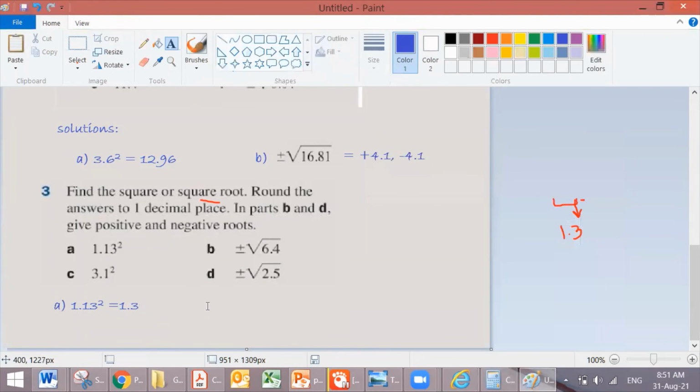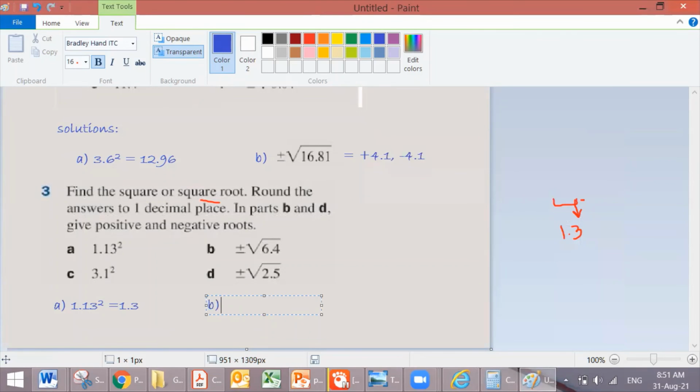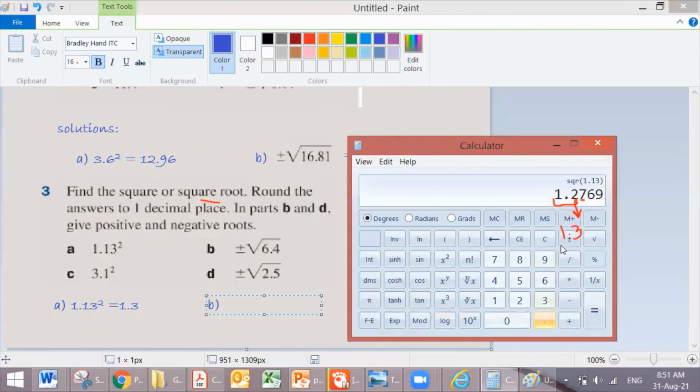Next one is B part. So B part I will write. I'm just going to write its answer. 6.4 I have to find, and its square root.